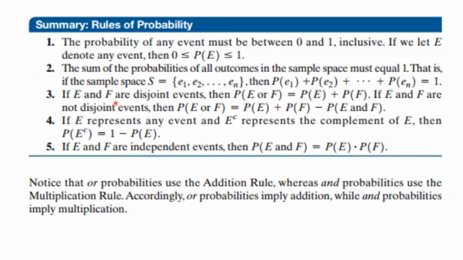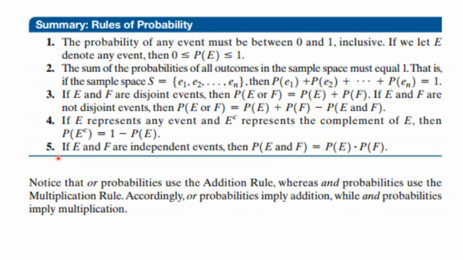If E and F are disjoint, then the probability of E or F is the probability of E plus the probability of F. If they're not disjoint, the probability of E or F is the probability of E plus the probability of F minus the probability of E and F. If E represents any event and E complement represents the complement of E, then the probability of E complement is 1 minus the probability of E.